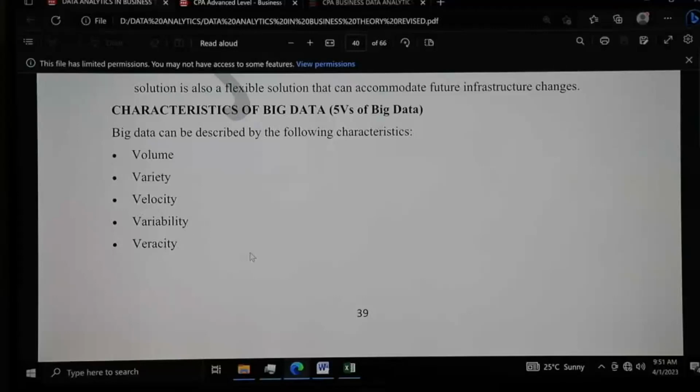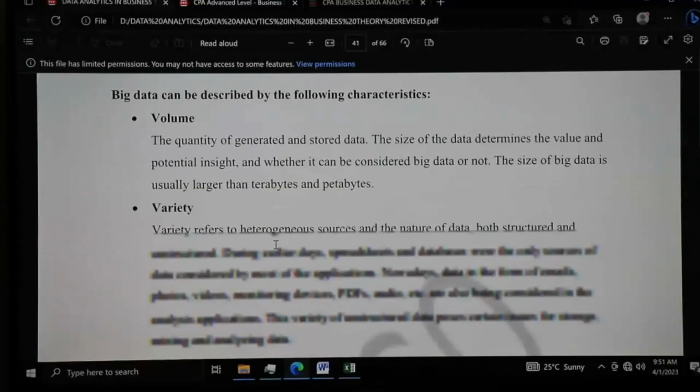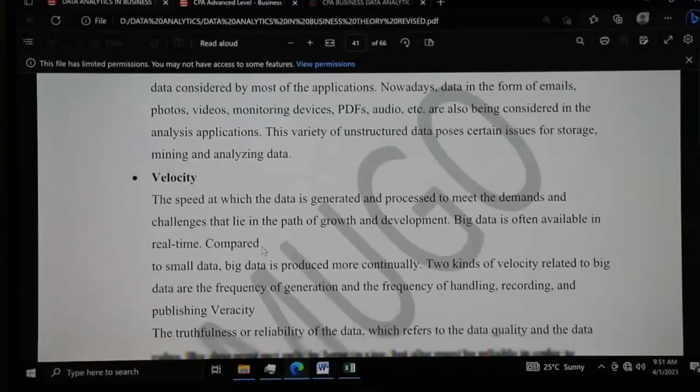And each of these actually explains something. When we talk of velocity, we are referring to the speed at which this data is generated and processed to meet the demand and the challenges that lie in the path of growth and development. So that is what we call velocity.